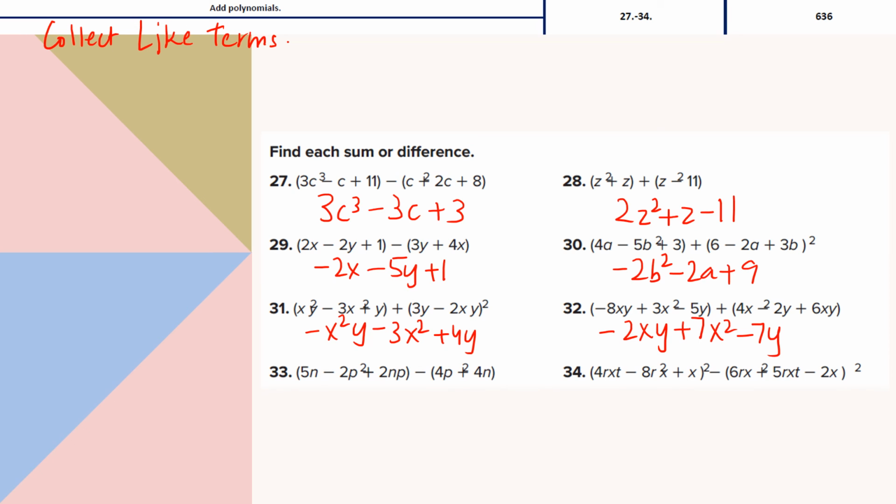The answer of 33 would be minus 6b square plus 2nb minus n, and the answer of 34 would be minus rxt minus 8r square x plus 3x square minus 6rx square. So check your answers and let me know are you getting the correct answers or not.